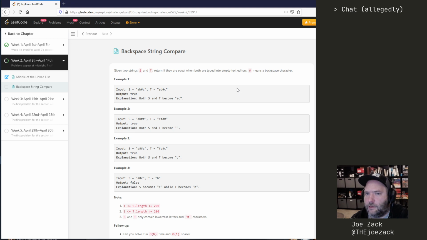I don't know what empty text editors has to do with it. Like if the input is a b pound c and t is a d pound c, the output is true because both S and T become AC.